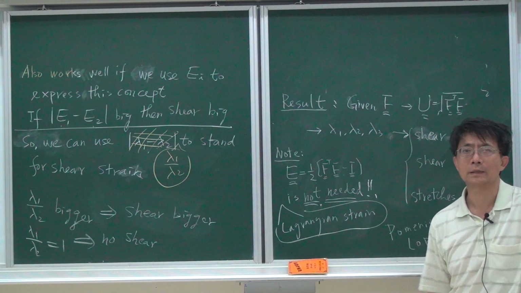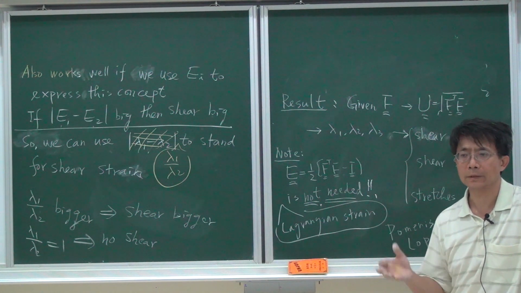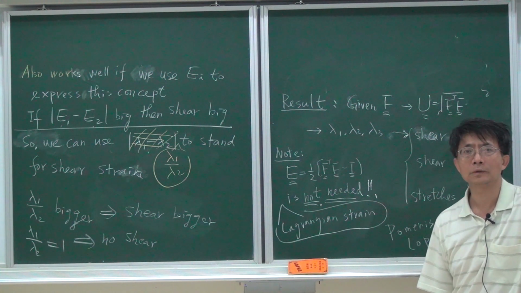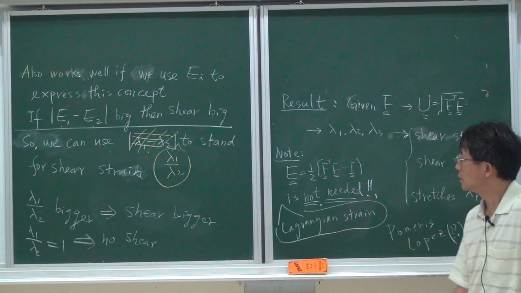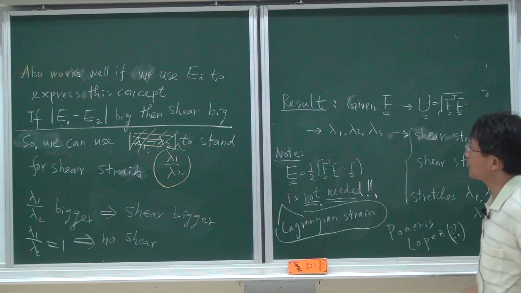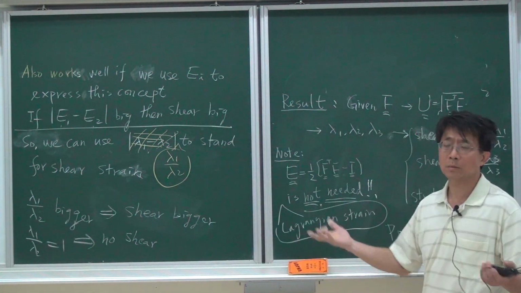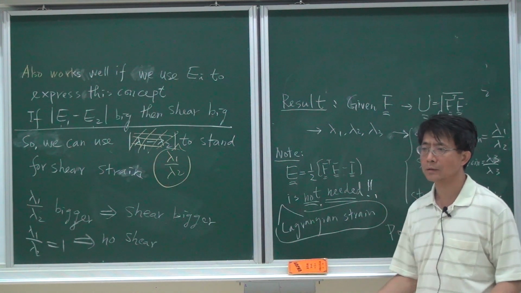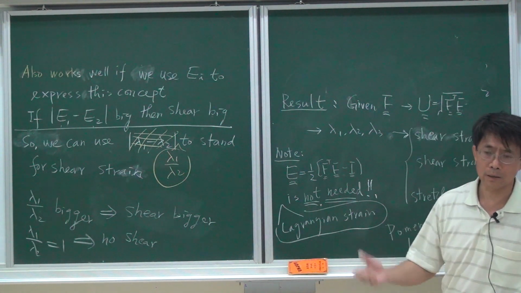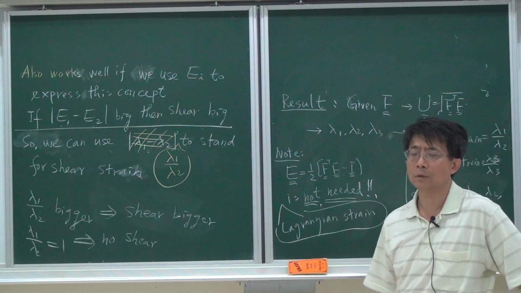When you read his technical papers carefully, you'll find that he is using the term lambda 1 over lambda 2 as the shear strain. No Lagrangian strain at all. In his paper, he never mentioned the Lagrangian strain.